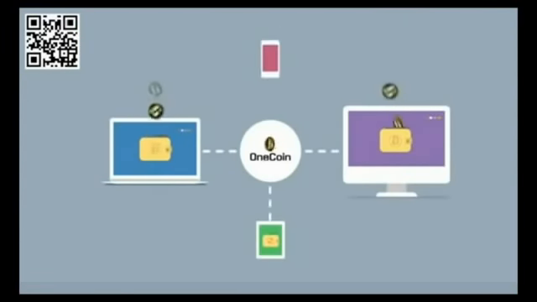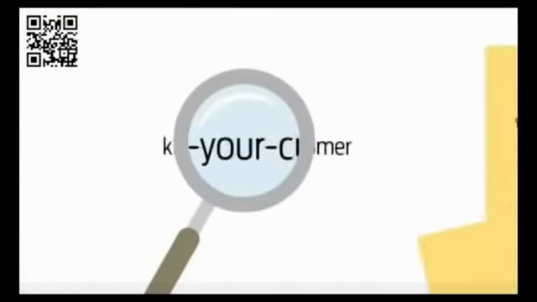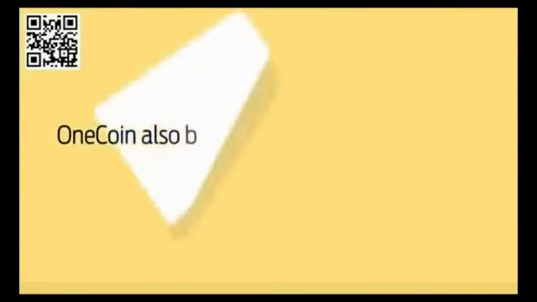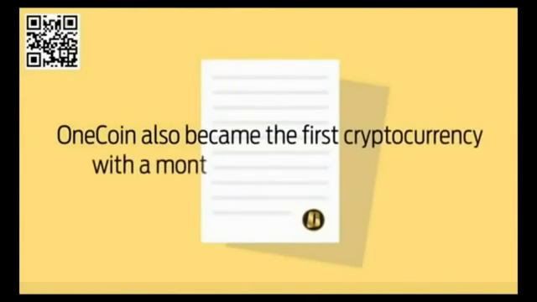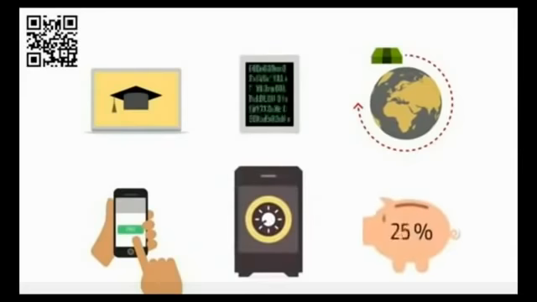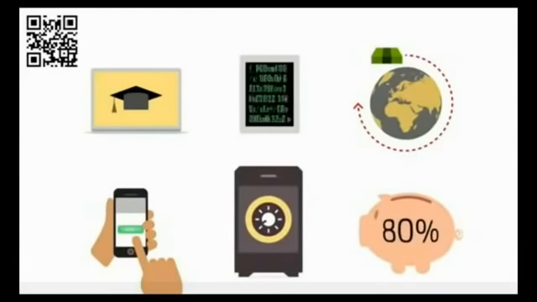What's more, to prevent money laundering, identity theft, financial fraud, and terrorist financing, OneCoin has implemented KYC, Know Your Customer procedures, thus preventing any possible misconduct by its clients. OneCoin also became the first cryptocurrency with a monthly audit of its blockchain. People join OneCoin for a reason: to learn about cryptocurrency, to mine the coin, to transfer money, to make payments without the need for expensive or unsafe intermediaries, to deposit money, and to save over 80% in remittance costs.